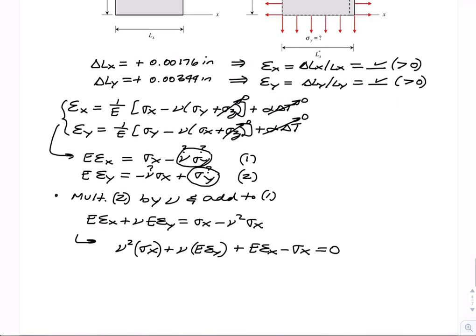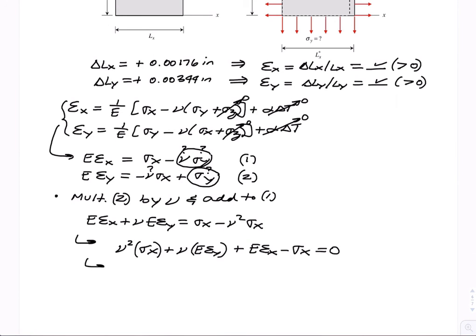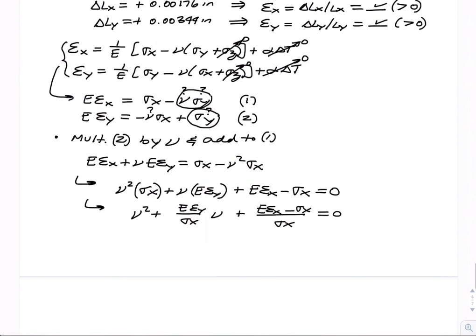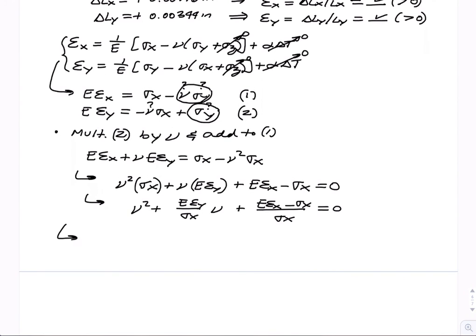Basically, I have a quadratic equation in nu, so I'm going to divide through by sigma x. I get nu squared plus E epsilon y over sigma x times nu plus E epsilon x minus sigma x, divided by sigma x, equal to 0. So I have the quadratic equation in standard form, and I solve using the quadratic formula.